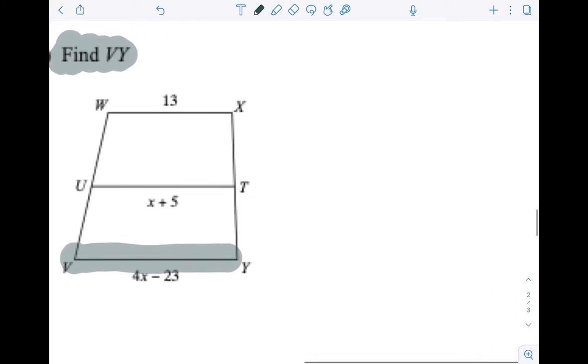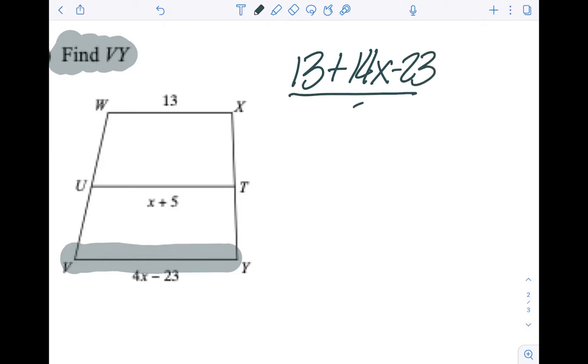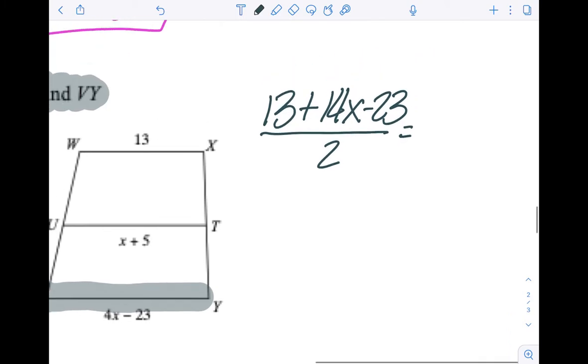So base 1, WX, is 13. Base 2 is VY, which is 14x minus 23, divided by 2 is equal to the mid-segment UT, x plus 5, excuse me.